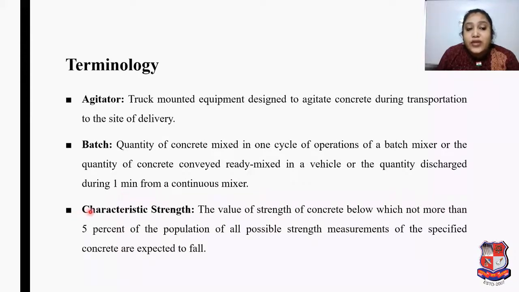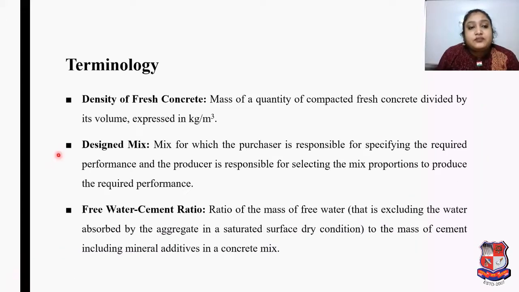If we talk about characteristic strength, it is the value of strength of concrete below which not more than 5% of the population of all possible strength measurements of the specified concrete are expected to fall. If we talk about density of fresh concrete, it is the mass of a quantity of compacted fresh concrete divided by its volume, expressed in kilogram per meter cube.